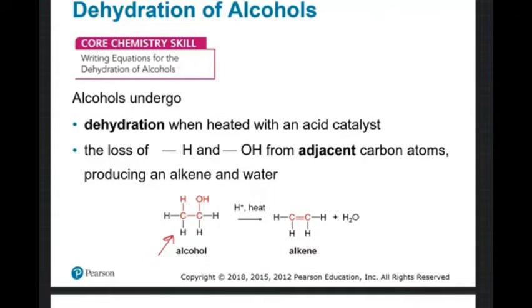You can heat them up in the presence of acid, usually sulfuric acid, and they're going to lose water, forming a double bond between the carbon that used to carry the hydroxyl group and the adjacent one. So you can make alkenes that way.